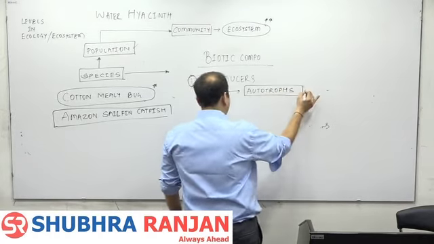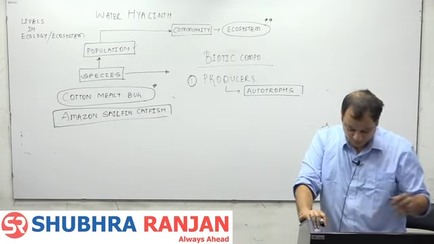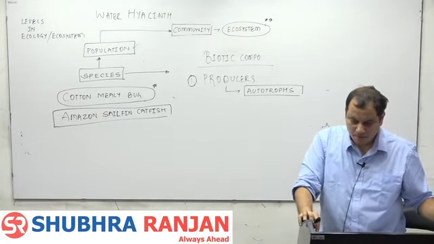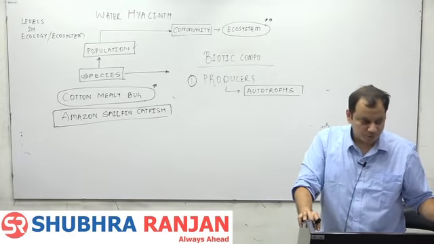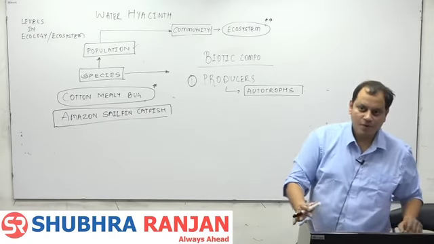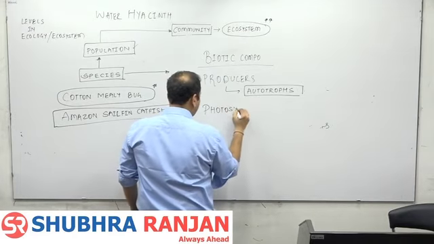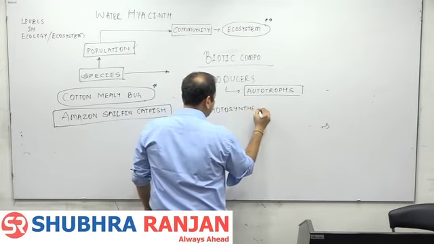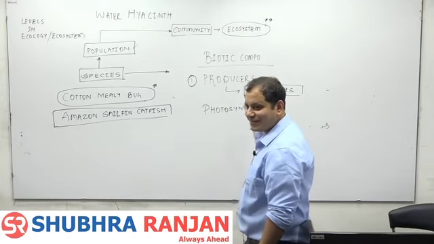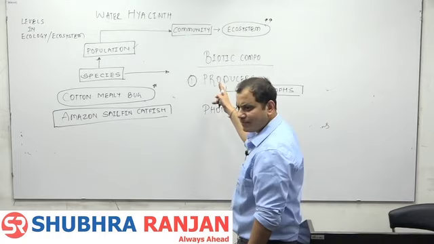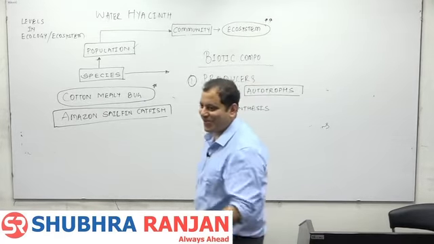They are divided into producers or autotrophs, that will manufacture their own food through the process of photosynthesis. We divide into one, producers or autotrophs.